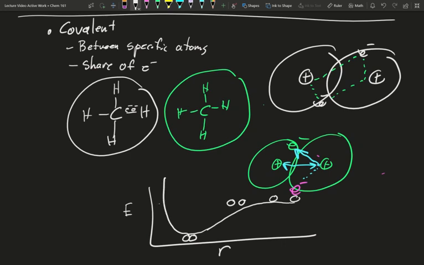But then if they get too close, they start getting their nuclei too close together, and the energy goes back up. There's an ideal distance where you get the most attractive force with the least repulsive force, where it balances to the lowest possible energy. And so covalent bonds tend to have a bond length that's based on this balancing of those attractive and repulsive forces.